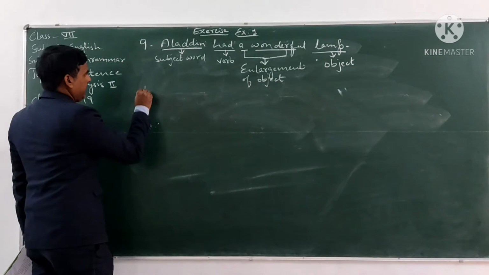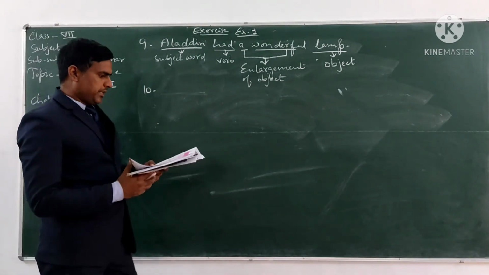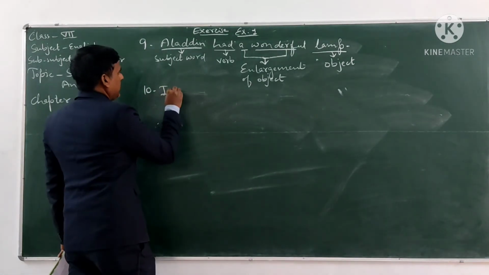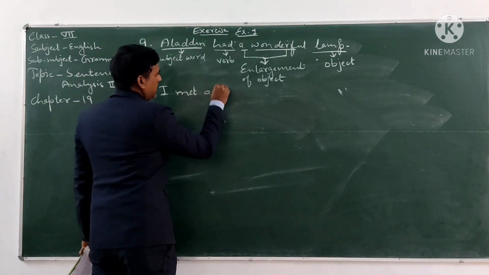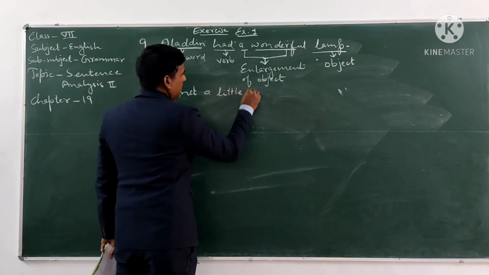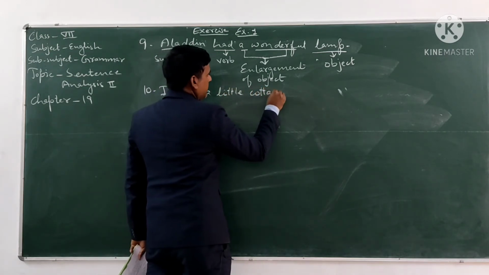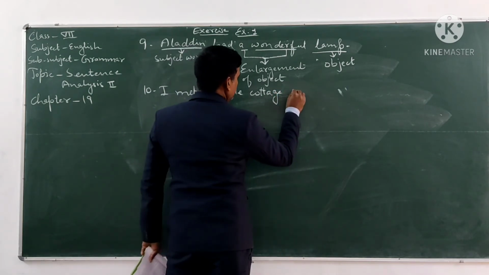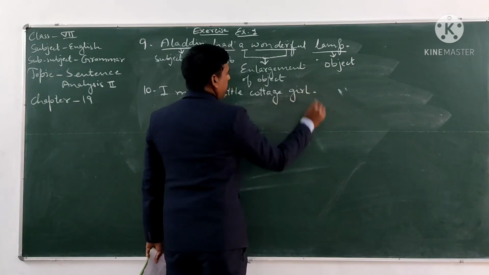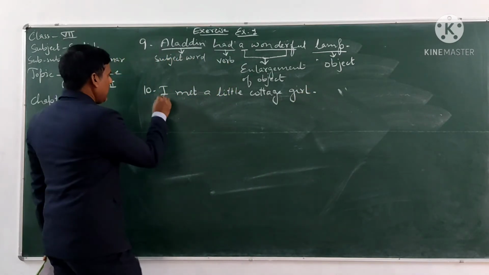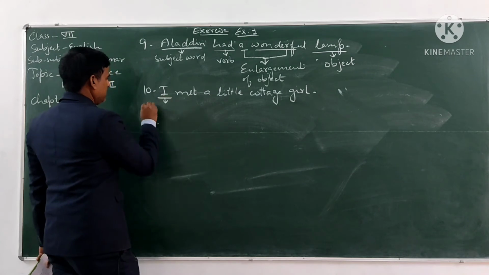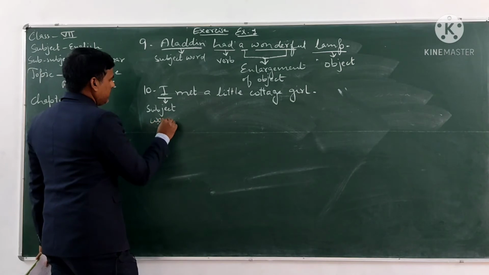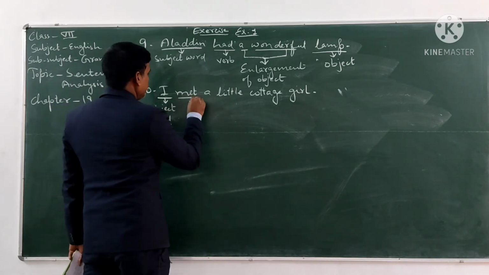Now see sentence number 10. This is the last sentence of exercise number 1. I met a little cottage girl. In this sentence, I is the subject word. Met is the verb.